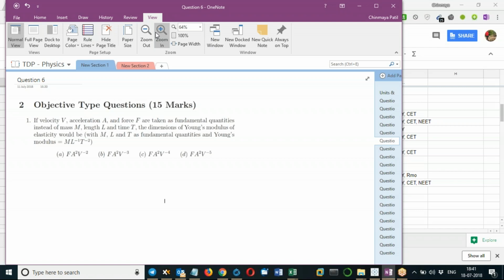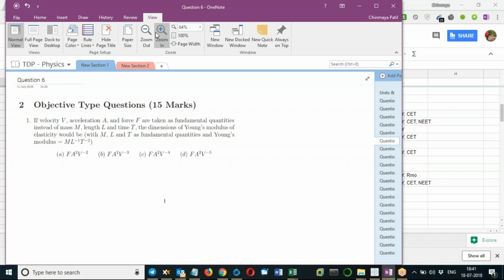As you see on the screen, if velocity v, acceleration a, and force F are taken as fundamental quantities instead of mass, length, and time, what would be the dimensions of Young's modulus of elasticity? This type of question has nowadays started coming in IIT JEE.